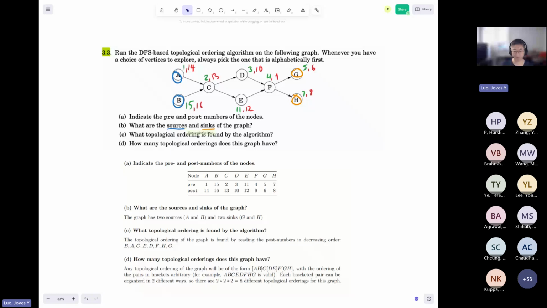So take O of n plus m to reverse the graph, and then find all your sinks again. The sinks in your reverse graph are the sources of your original graph. So just reverse the graph, find all the sinks. These are my sources in the original graph, O of n plus m. Done, right? Okay.